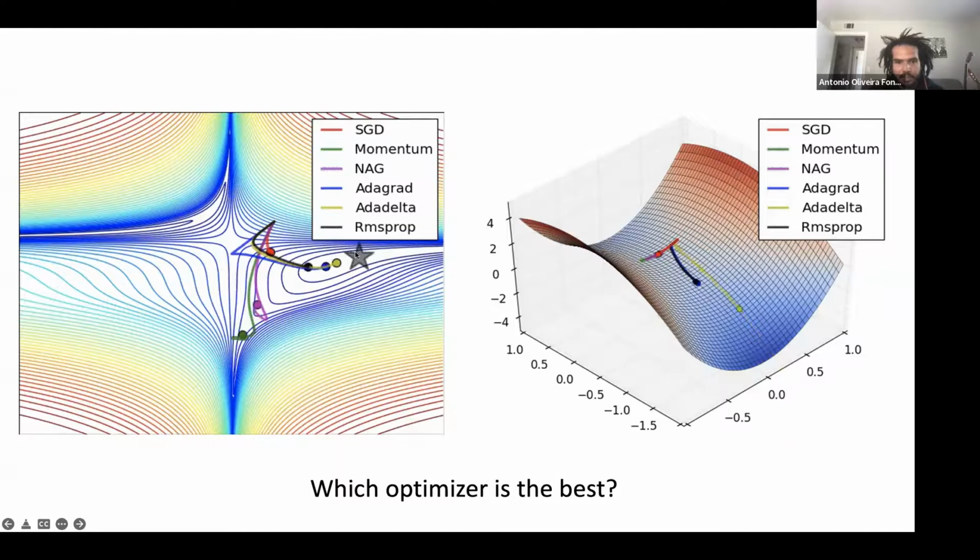In this case, they start here, and here we don't have a real global minima. We have a local minima, which is this saddle point right here. You can see that although most of these methods converge towards the point of minima, they converge with different speeds, and the oscillation changes quite a bit. That's the stochastic gradient in red.